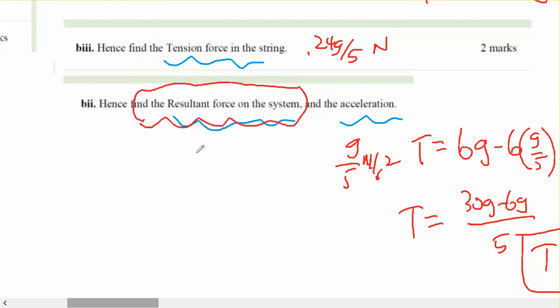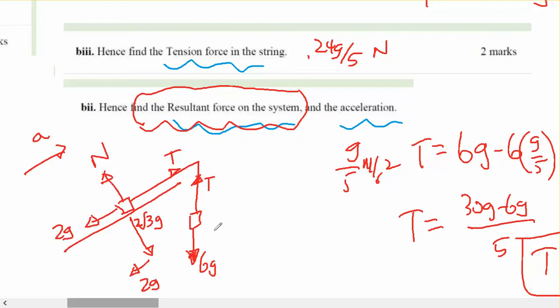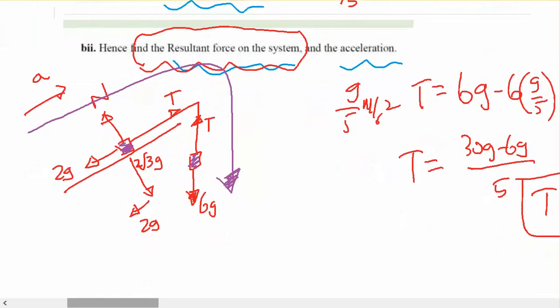the system. Okay, so I've redrawn all my forces down here. The resultant force of the system I can see as a totality. I am moving in this direction. This mass is moving up the slope, this mass is moving down. So I can see the whole system.